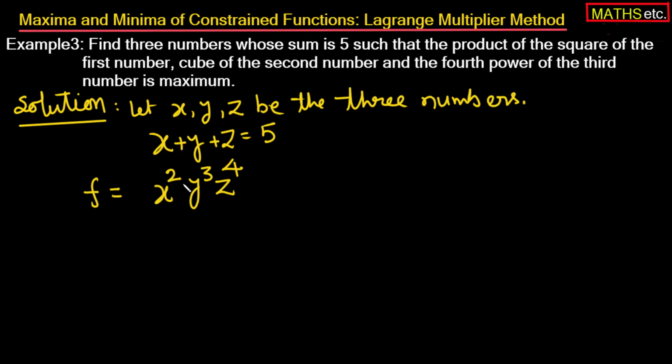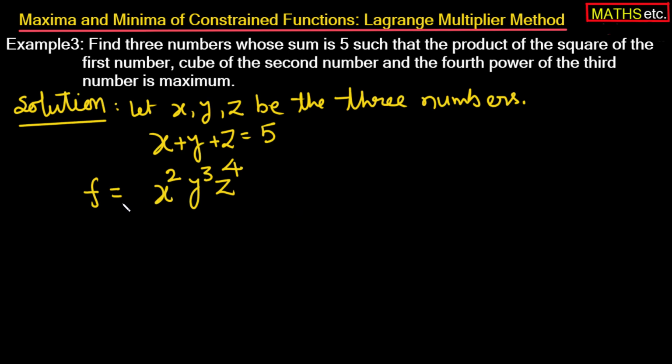We should take x, y, z such that they satisfy the condition that x plus y plus z equals 5. So it's a constraint problem where the function is x squared y cube z4, and this is the function that we have to maximize, right? And the constraint is x plus y plus z equals 5.